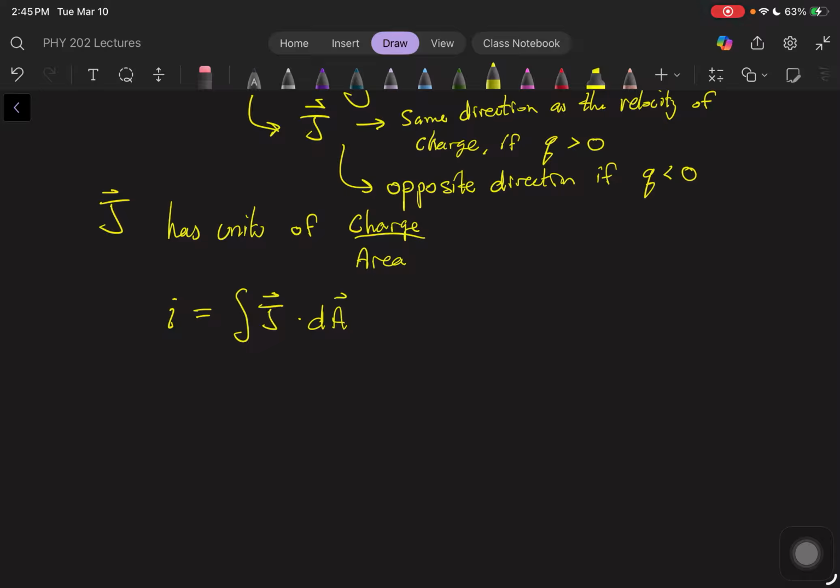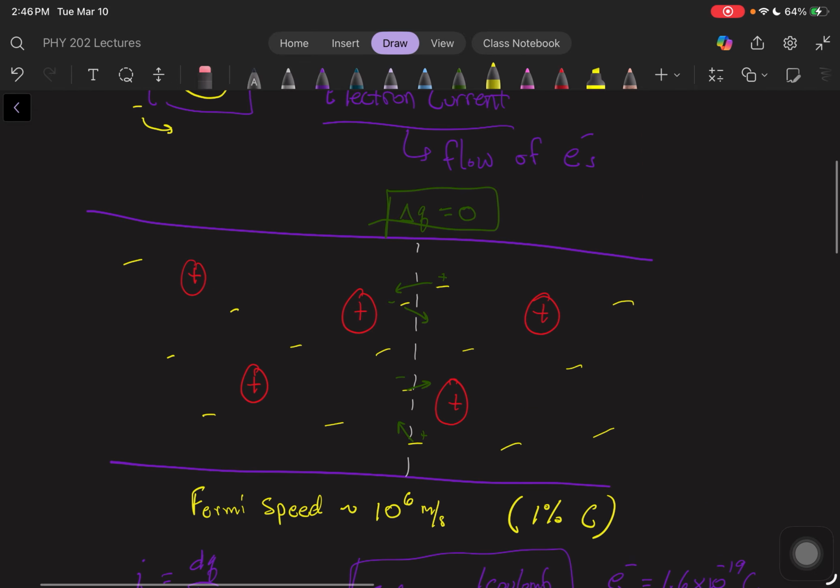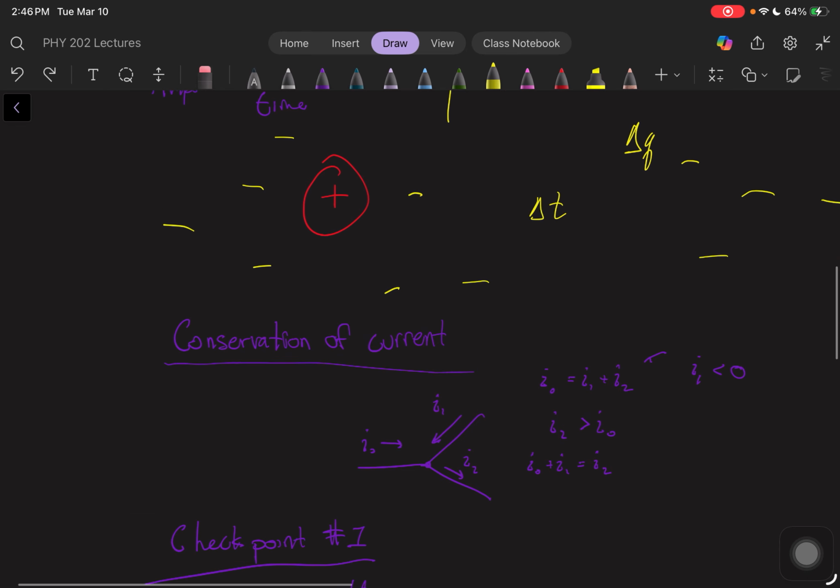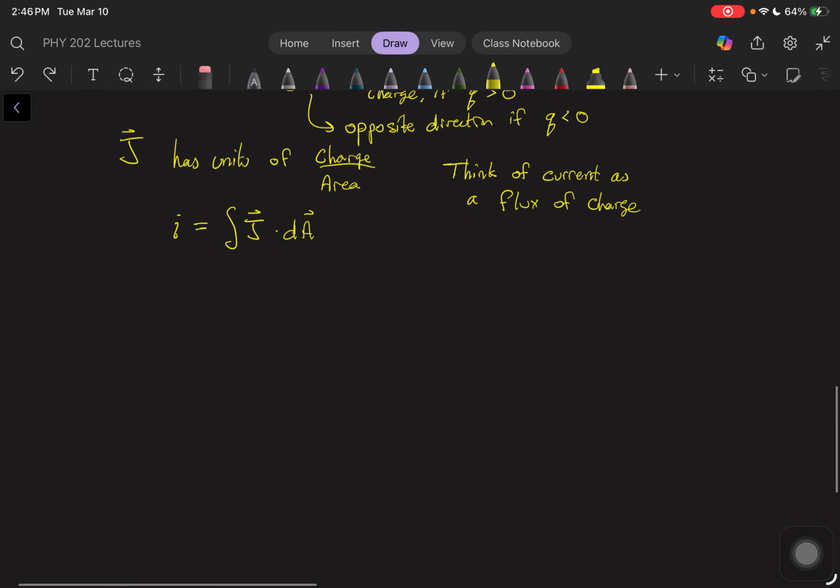And so we're kind of starting to think of current as a flux of charge. Right, which should make sense from what we were doing up here, where we picked some random cross-section area and figured out how much charge goes through that area, just like we were doing with electric fields.